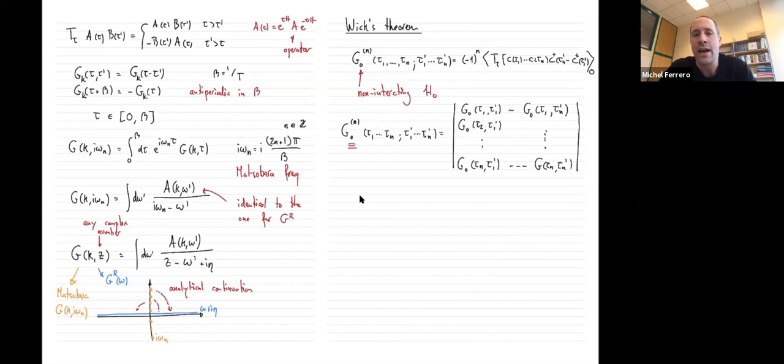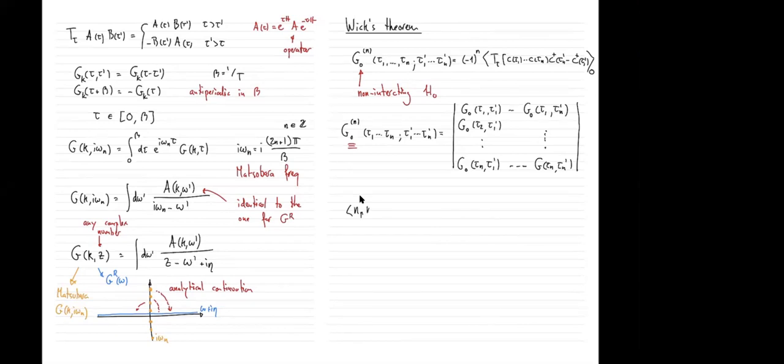For example, averages of some correlators like double occupancies. For example, the average of n_up and n_down being on the same site.